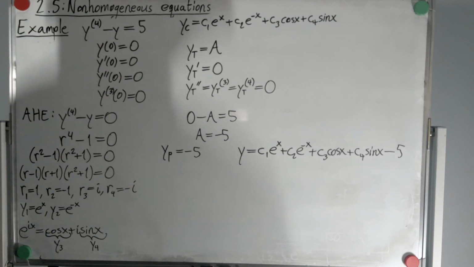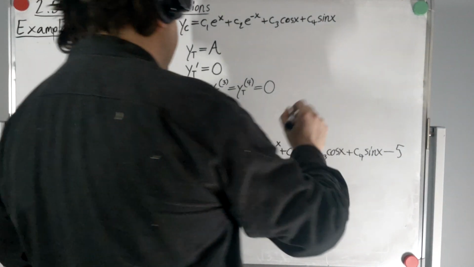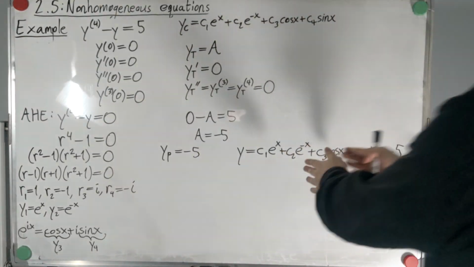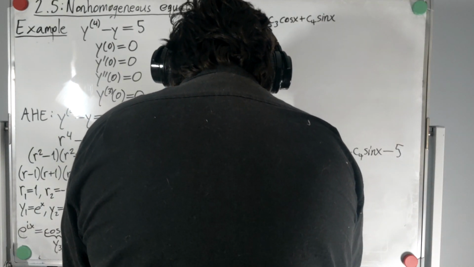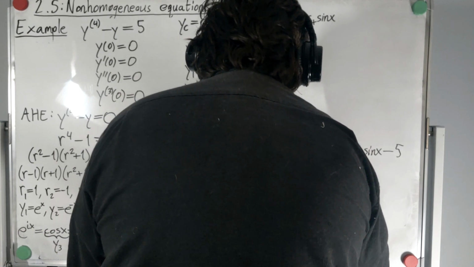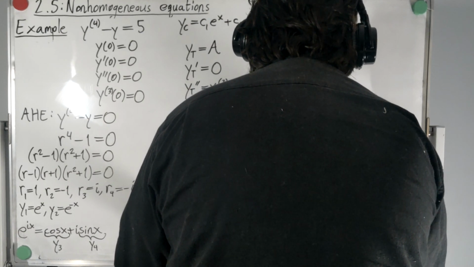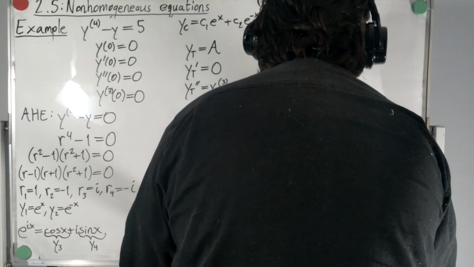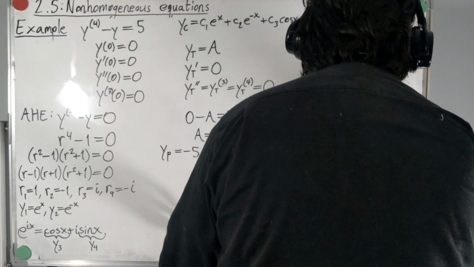So now to find the particular solution that solves the initial value problem, we need to use all of these initial conditions. First of all, we're going to need 3 derivatives of this thing. The first derivative is c1 e to the x minus c2 e to the negative x minus c3 sine x plus c4 cosine x.